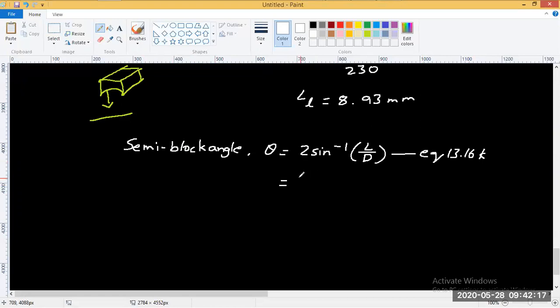So in all dimensions here, it is 2 sine inverse of 8.93 over D. D is the diameter of the drum, 720.